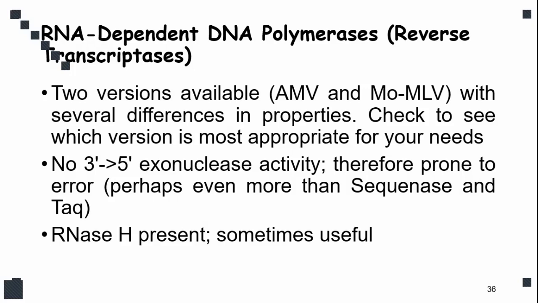This particular enzyme known as reverse transcriptase. When that is done, the next thing we need to do is apply our RNase H. RNase H will remove the hybrid, that is the RNA, from the molecule, and then that molecule can be used as a template to produce a second strand.